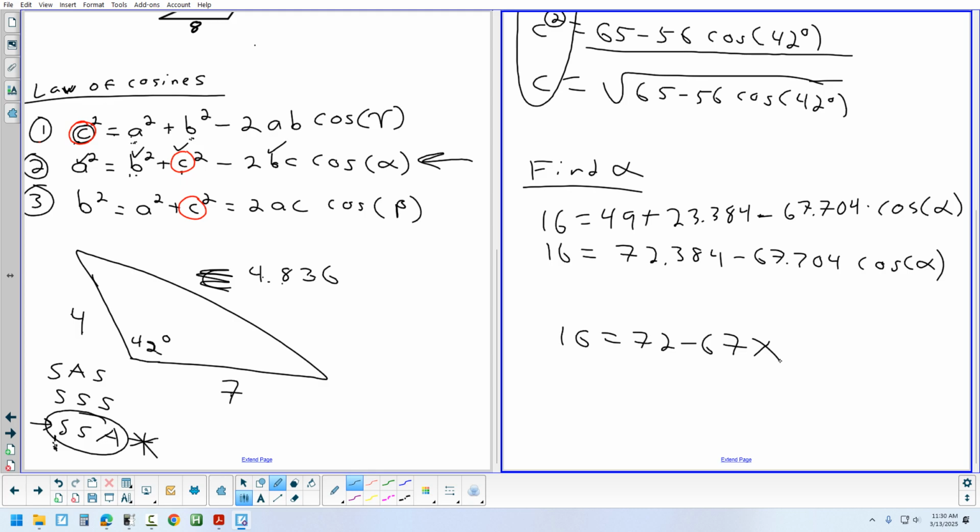If you were trying to get x by itself here, what would be your next step? Subtract 72. Right, you would subtract the 72. And that's exactly what you need to do up here. You can't do 72 minus 67. If you're wondering why, they're not like terms. The 67 is multiplied by something that you don't know.